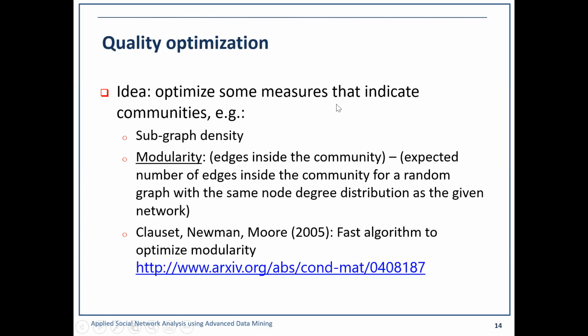So the basic idea of quality optimization, and now we're coming back to the question Christian Meyer raised when he said, well, what's the starting point? How do we iterate? So now we know how to define density. We introduced the notion of density. Now we are going to introduce an algorithm that is based on density or something similar to density.